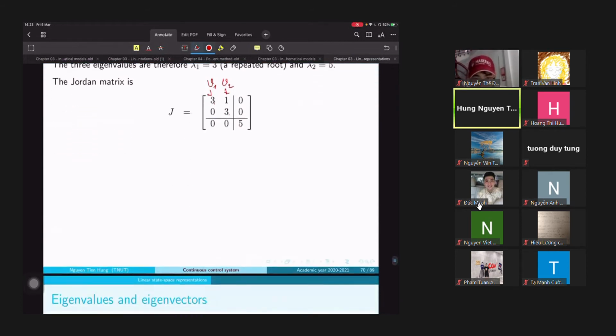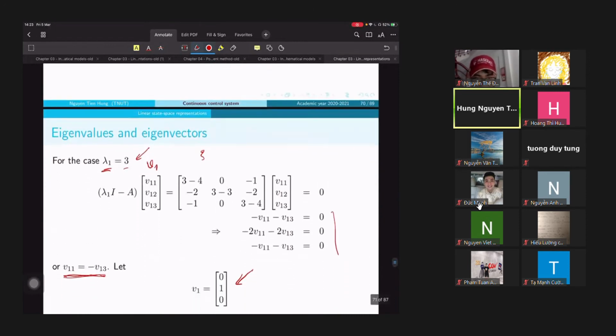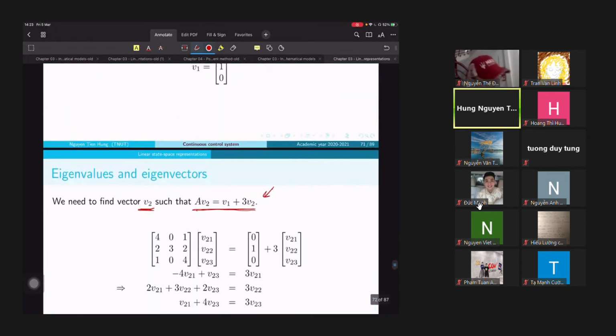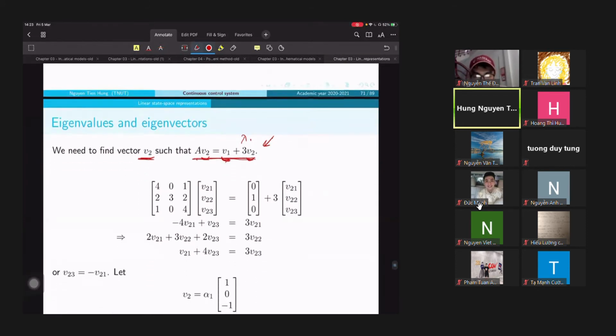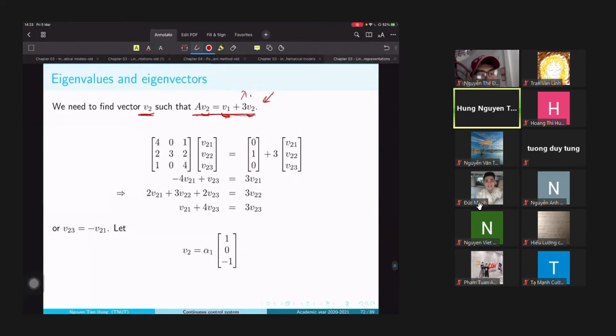So you see that we have 1 here and 3 here, and mechanically we will find the vector number 2 equal to V1 plus lambda 1 multiplied by V2. We can apply this, and if you apply this, you will find the V2 like this.